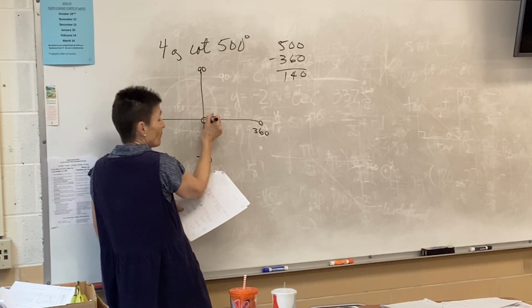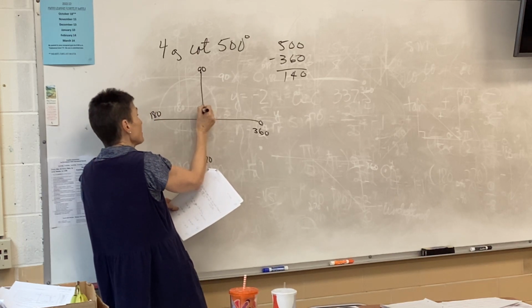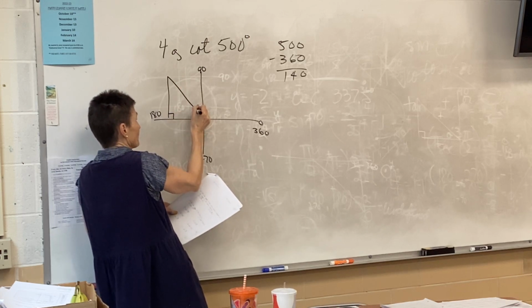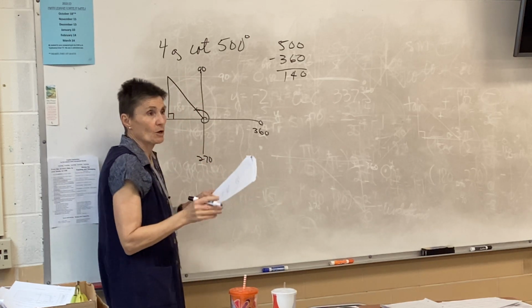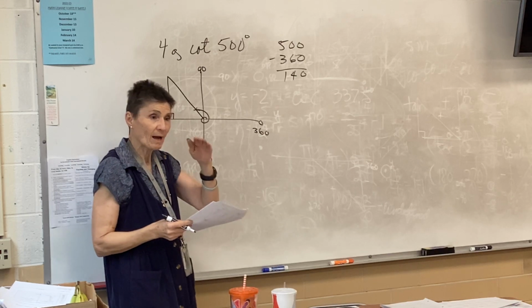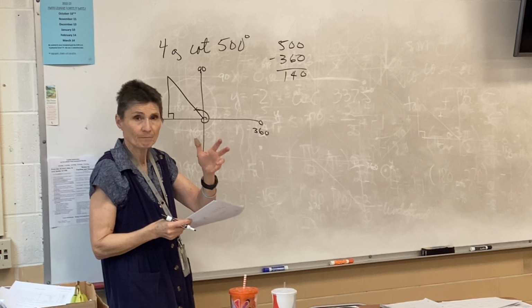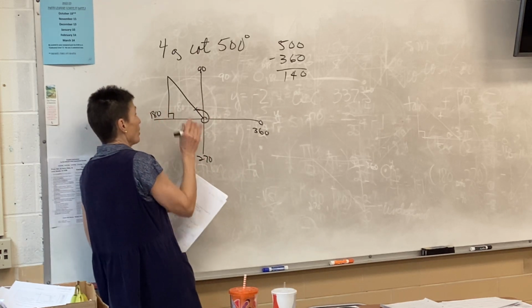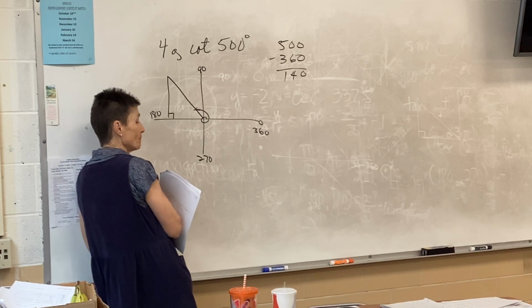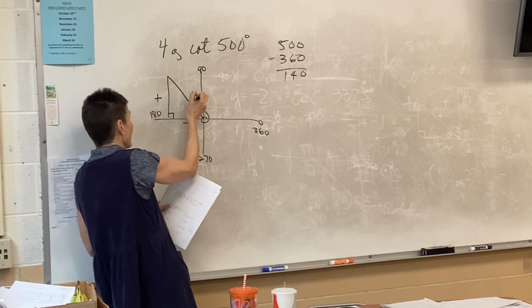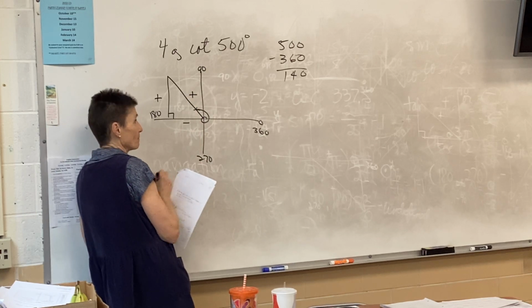So there's all the way around, and then here is 140 degrees over here in this quadrant. So 500 is more than a revolution. I go all the way around, that's a revolution, that's 360. And then I'm going to go 140 more, which puts me in quadrant 2, which means this is negative, this is positive, and my hypotenuse is always positive.